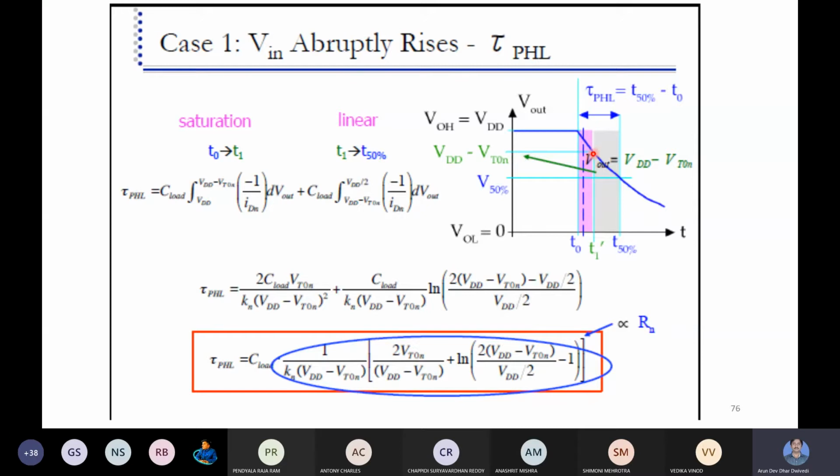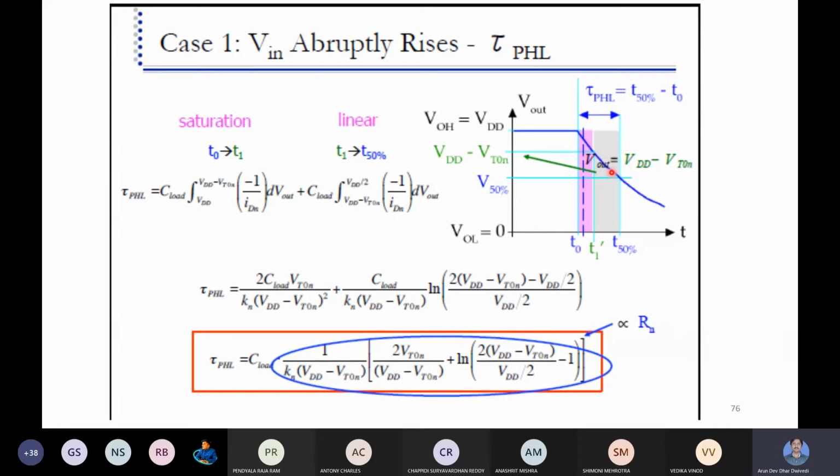As the output goes below VDD minus VTN, the NMOS transistor becomes linear. So there are two regions: from this point the voltage limit is VDD minus VTN, and the final limit is V50%, 50% of the maximum.